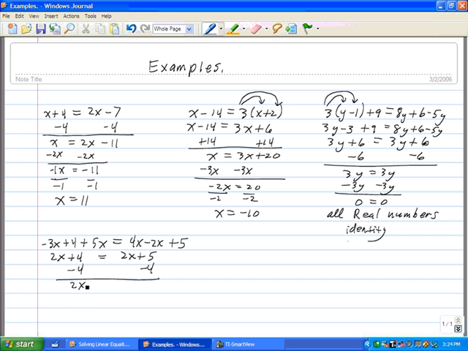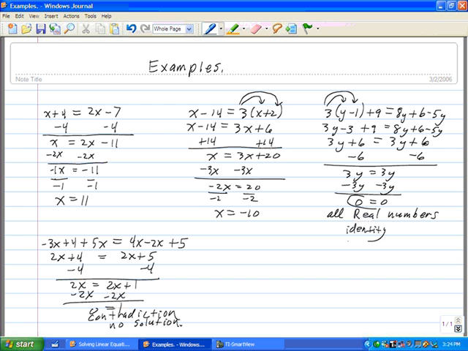We will get 2x equaling 2x plus 1, and when we subtract off the 2x, we get 0 equals 1. And this is what we refer to as a contradiction. And contradiction means no solution is what that implies.